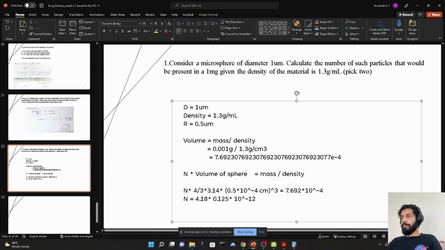The mass over density is 7.692 into 10 to the power of minus 4.